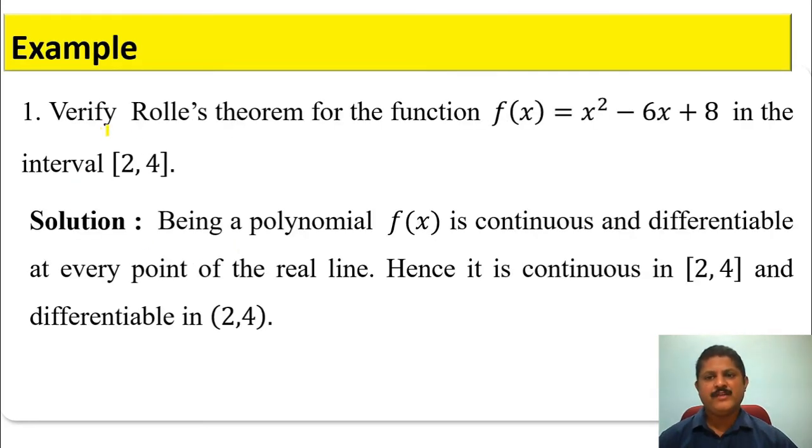Example: verify Rolle's theorem for the function f of x equals x squared minus 6x plus 8 in the closed interval 2, 4. Solution: since the given function is a polynomial function, and all polynomial functions are continuous and differentiable throughout the real line, in particular f of x is continuous in the closed interval 2, 4 and differentiable in the open interval 2, 4.